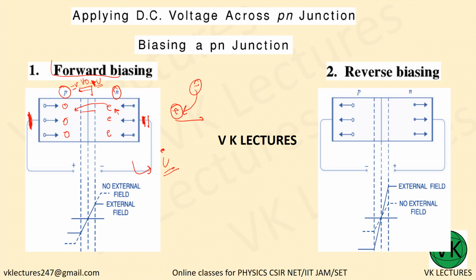Now what happens in this case? These electrons will start moving, and once it overcomes this barrier potential, for example, if we are using a silicon crystal, it will have 0.7 volt. That means if you can apply any voltage greater than this 0.7 across this junction in forward biasing, then this electron can jump. That is what the actual meaning is.